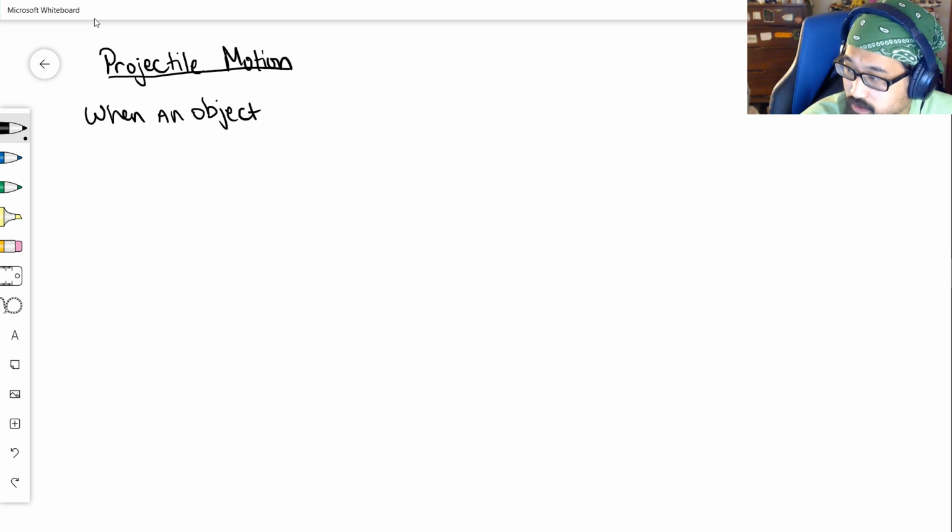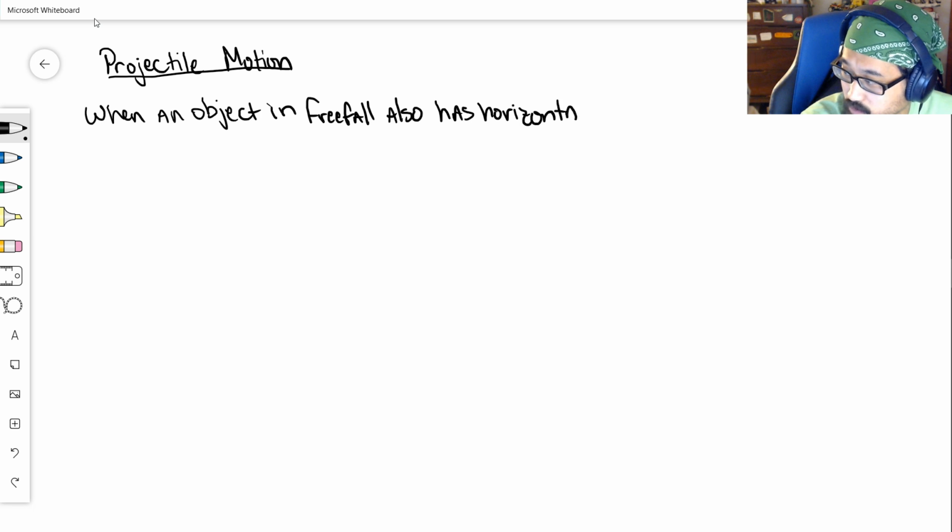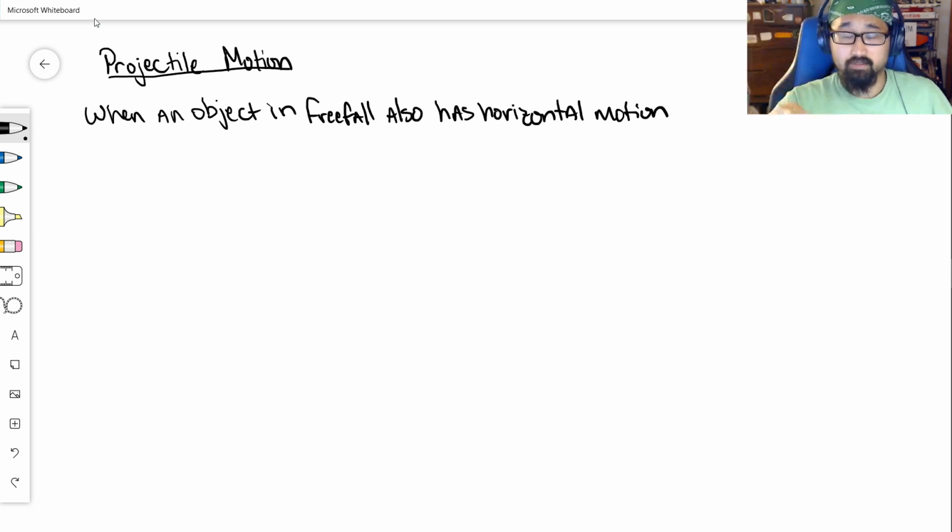When an object in free fall also has horizontal motion. Right, so it's falling down. The only thing acting on it is the acceleration due to gravity, but it also happens to be moving side to side.